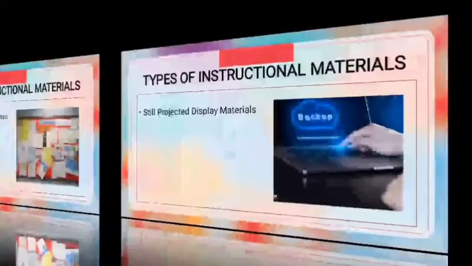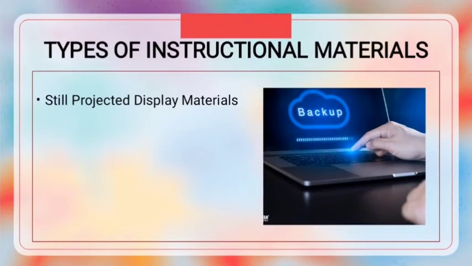Next is projected display material. This type of educational material has representations of actual objects and phenomena. It includes three-dimensional materials, which are castings, globes, and experimental models. Two-dimensional materials are charts, pictures, photographs, maps, diagrams, and drawings.